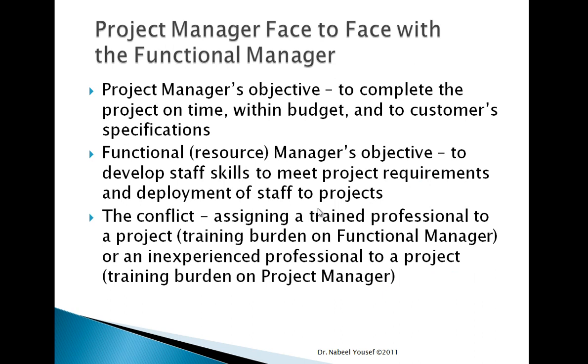Most of these projects are being supervised or overseen by either a project manager or a functional manager. Either the functional manager has full control of the project, or the project manager has authority and full control of the project.